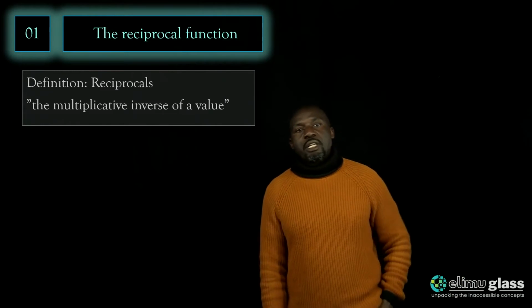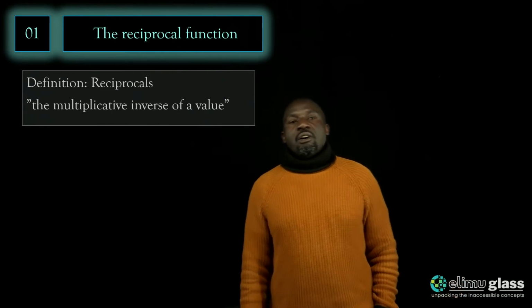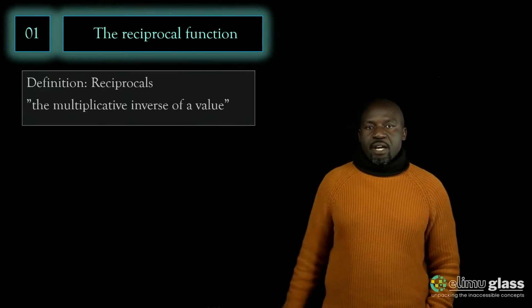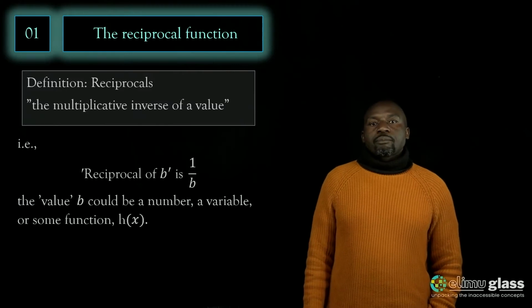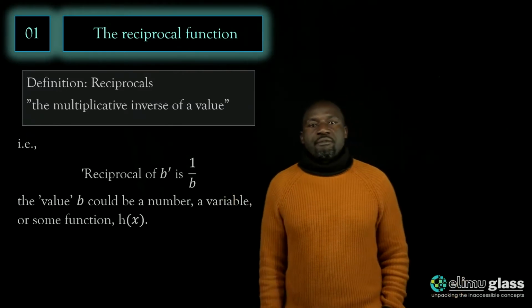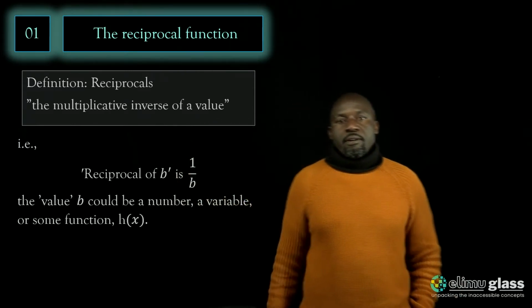So by definition, the reciprocal of a value, a number, or a function, or a variable, is 1 divided by that variable, okay? For example, the reciprocal of b is 1 over b. And the reciprocal of 1 over b is b, okay?